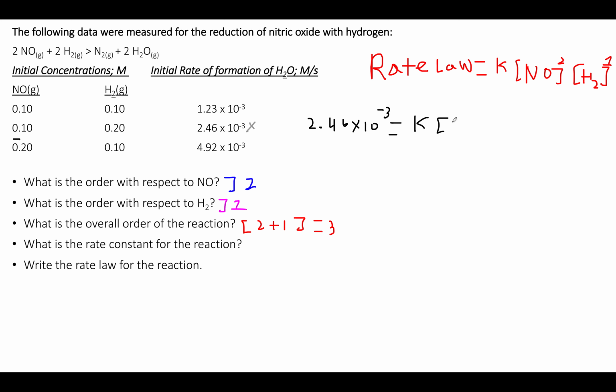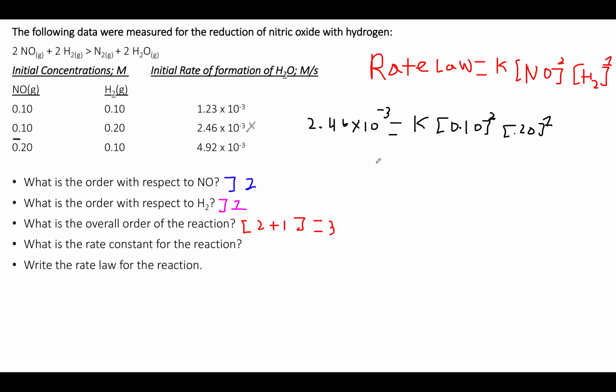Okay, well in this line, it's 0.10, and that's raised to the second power, and the concentration of hydrogen gas, which is 0.2 here, and that is raised to the first power because its order with respect to hydrogen is 1.